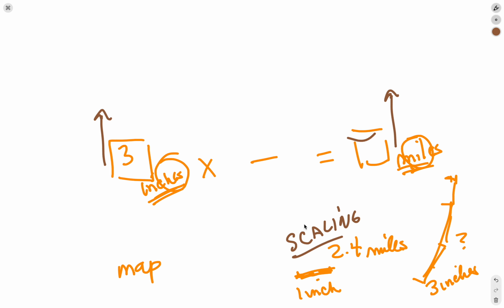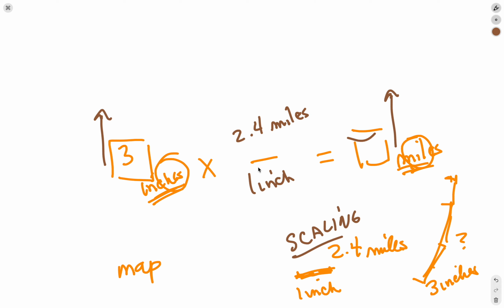So in this case, we want miles out of this, and so we're going to put in that 2.4 miles is equal to 1 inch. What we're doing here is we're just multiplying this value times essentially 1. These are equivalent.